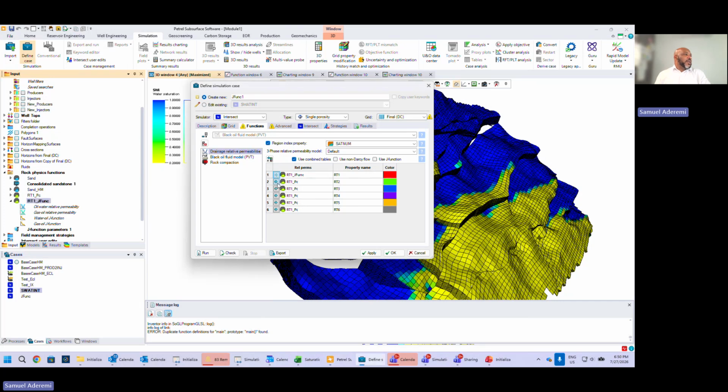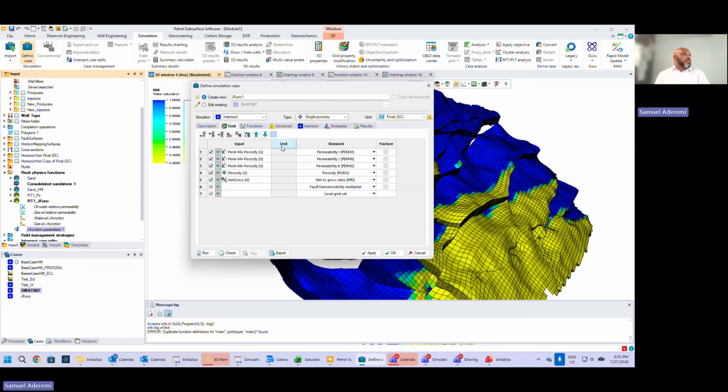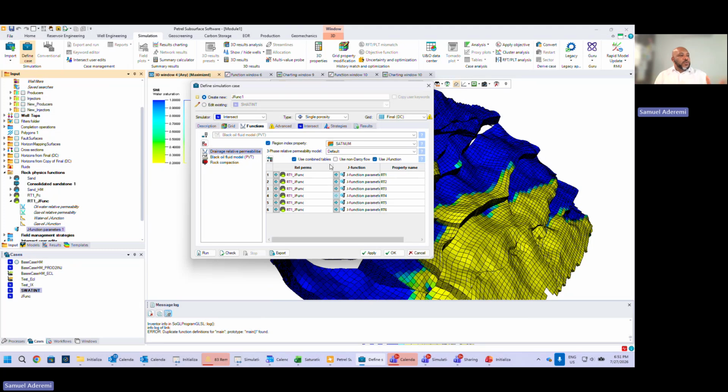Then you can see that it's requesting the J-function parameters, which you have created. So you can add the J-function parameters to your model, one for each rock type, basically, and immediately everything is okay. So this is the approach, and you don't want to mix these 2 approaches together.